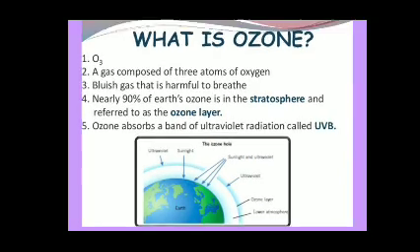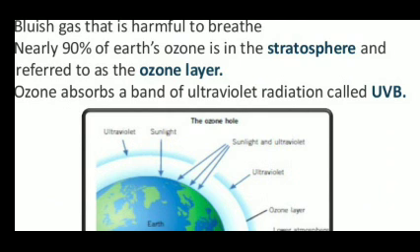See here the figure. Sunlight falls directly on earth, but in the stratosphere there is a layer surrounding the earth, shown in blue color, that protects from UV rays.